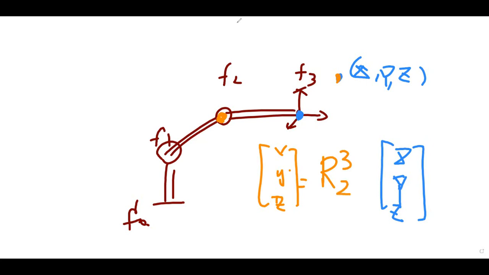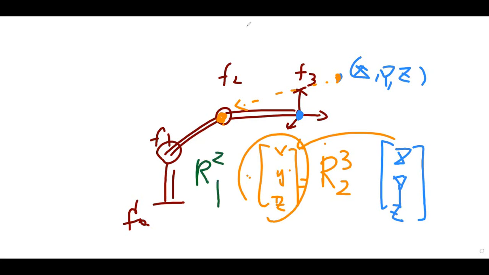Your frame 3's rotation based on frame 2, you can recover, and you can know what is the location with respect to frame 2. And this thing you know, then you can add another one called the rotational metric 2 versus 1, and then you will get another XYZ with respect to frame 1. So you will know about this location based on frame 1.